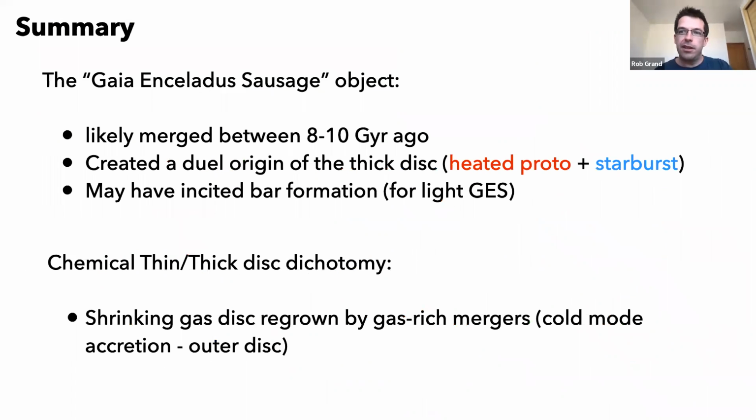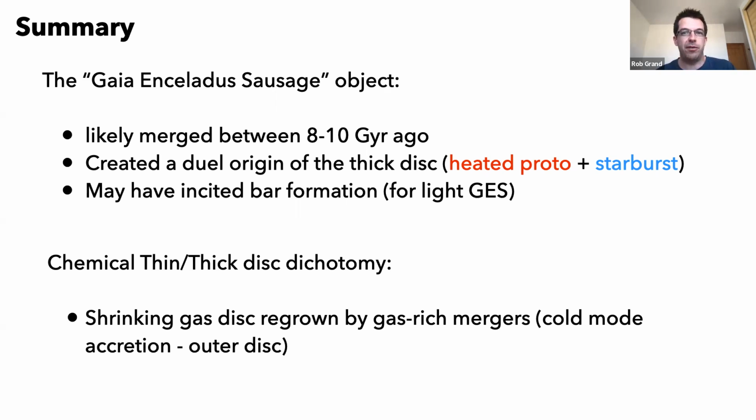Okay, so that was essentially it, and this is my summary slide. I just wanted to give you the main points, which were that the Gaia-Enceladus-Sausage object, the last significant merger of the galaxy, likely merged between 8 and 10 gigayears ago, created a dual origin for the thick disk by causing a starburst and heating the proto-galaxy material, and could also have incited bar formation if it were on the relatively light side of mergers in our simulation suite.